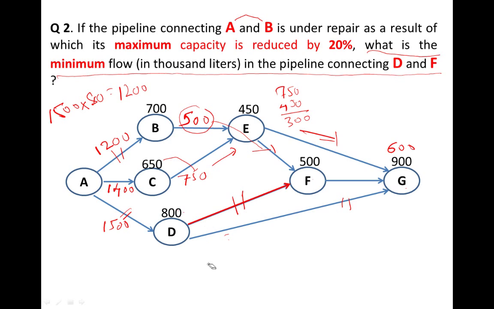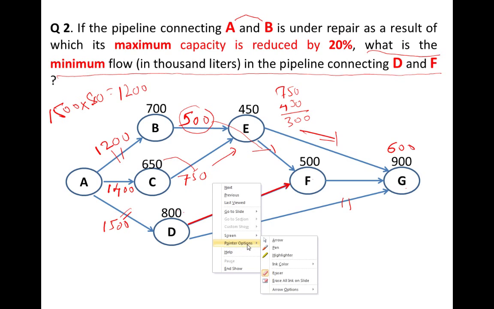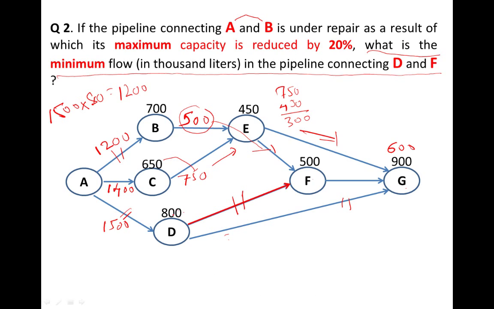Now, when we take 1500 from A to D, 800 is the requirement of D. The remaining 700 will be passed on from D to G, but the G additional requirement is only 600. So we don't need this 700, we need here 600. If this is 600, the flow in pipeline A to D must not be 1500, it should be 600 plus 800, that is 1400.